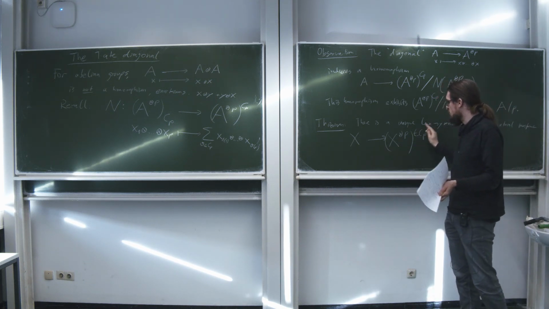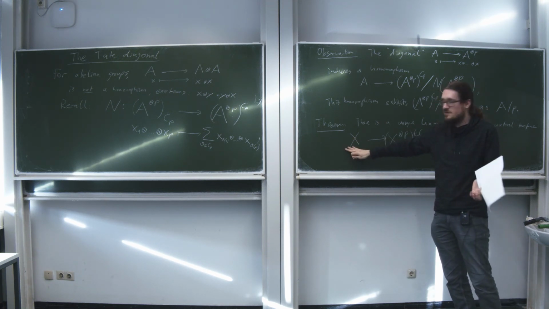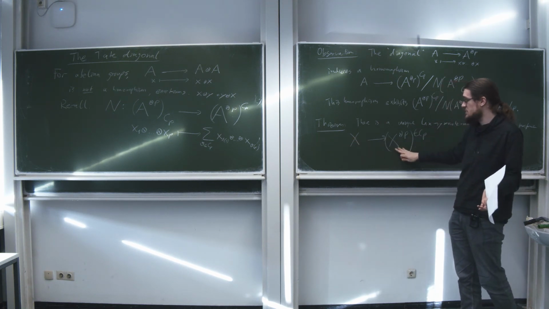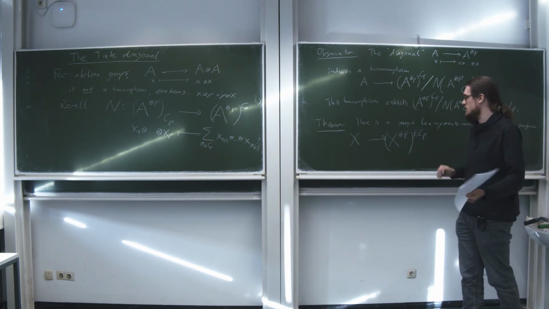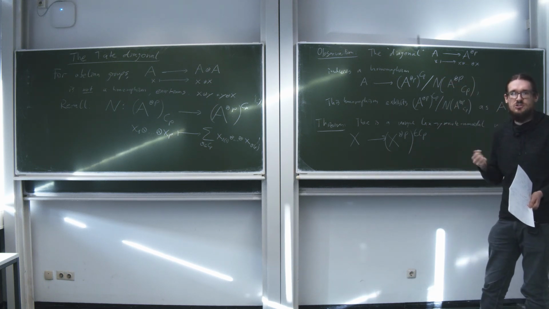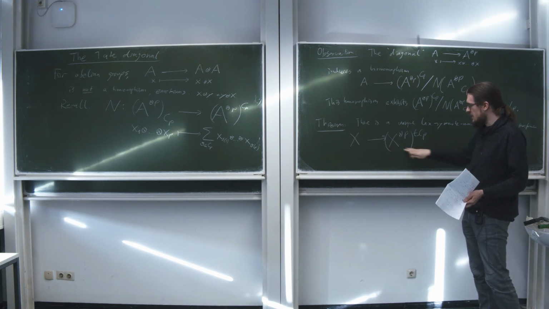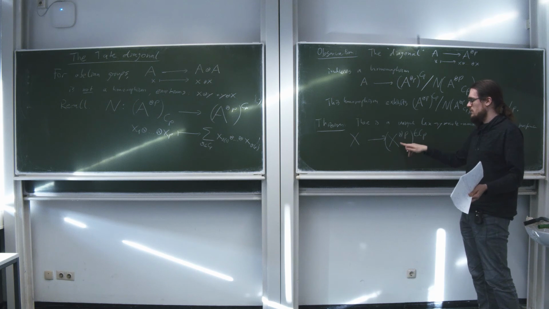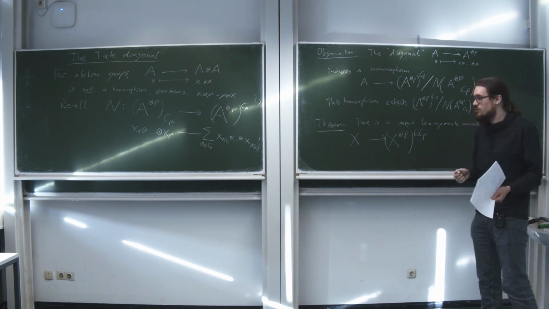I said natural transformation; I wrote some pointwise thing, but of course I'm viewing this as a functor from spectra to spectra, and this as well. Both are lax symmetric monoidal functors, and I can ask for a natural transformation compatible with the lax symmetric monoidal structure. This is lax symmetric monoidal because you can check that both the functor which takes a spectrum to its p-fold tensor power and the Tate functor are lax symmetric monoidal.